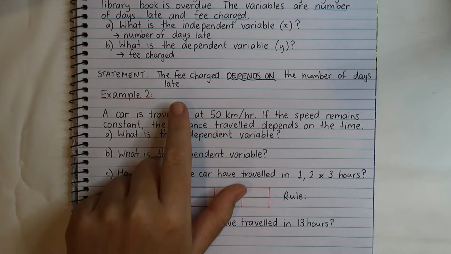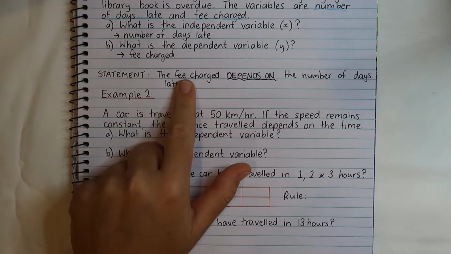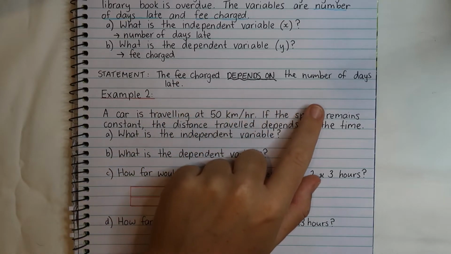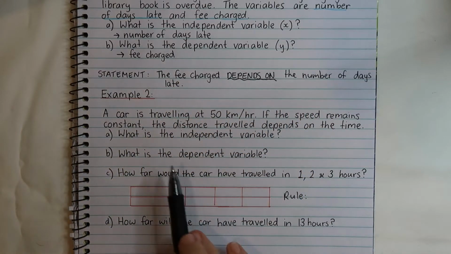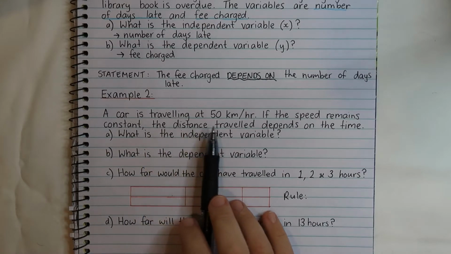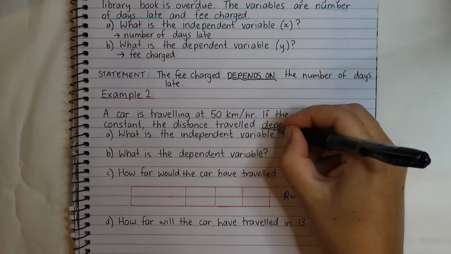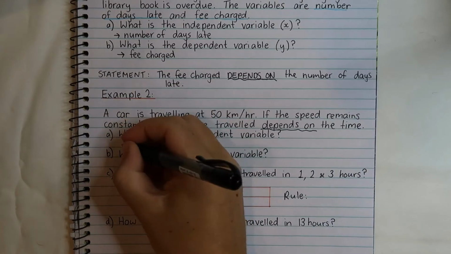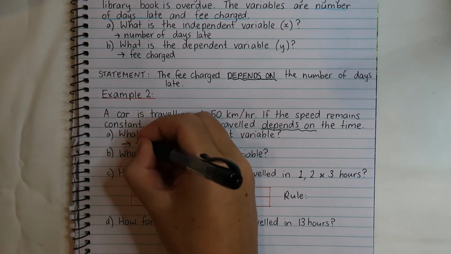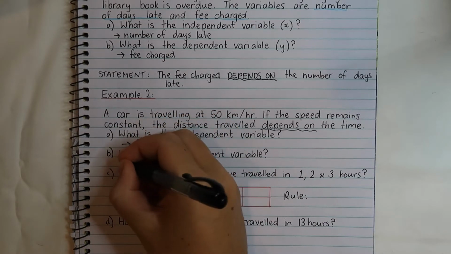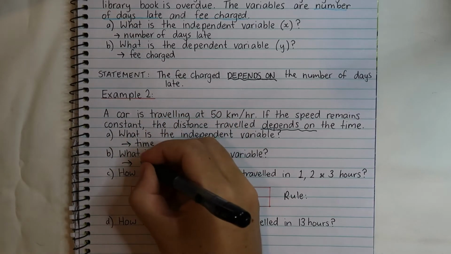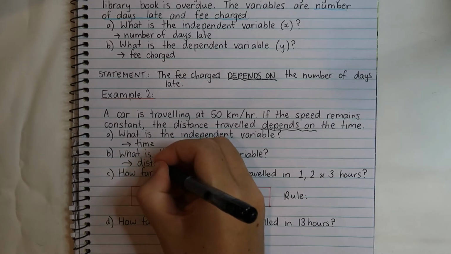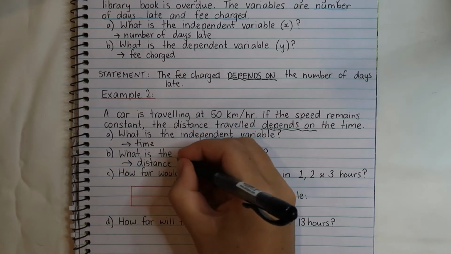So just like we had our statement up here, the fee charged depends on the number of days late, we have a statement here. The distance traveled depends on the time. So that would make time our independent variable, therefore making the distance traveled our dependent variable.